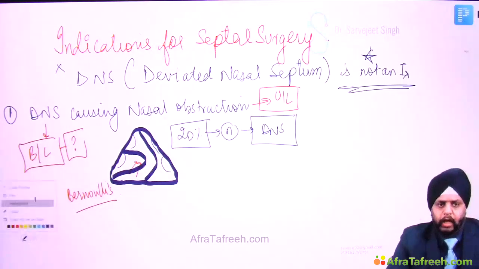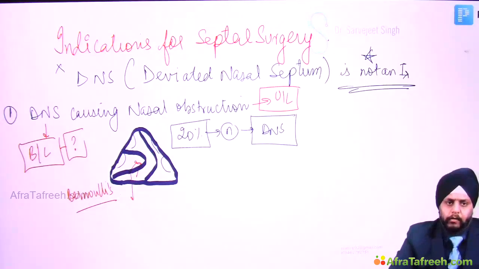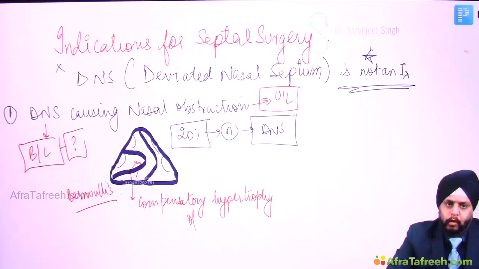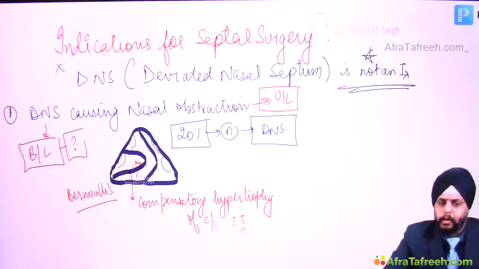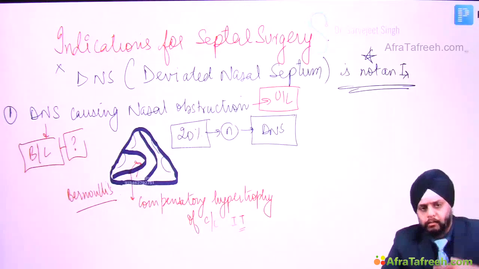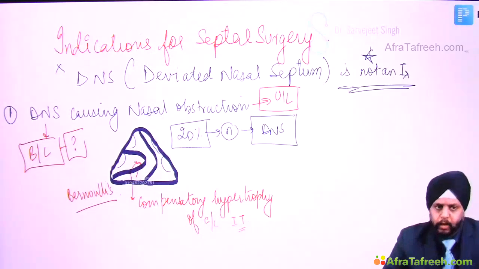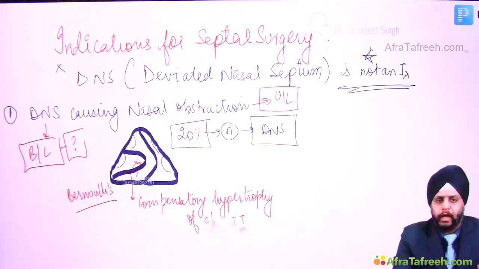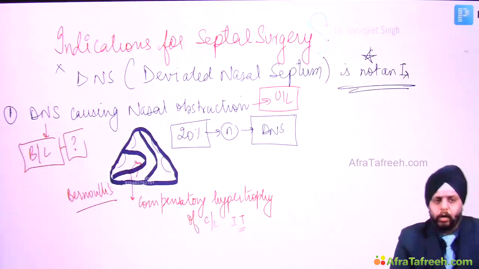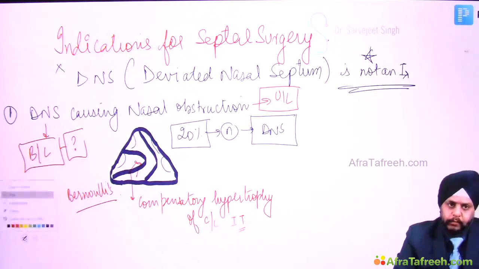So unilateral DNS can cause compensatory hypertrophy of the contralateral inferior turbinate, and that can block the nasal cavity of the other side. So DNS can cause unilateral or even bilateral nasal obstruction.